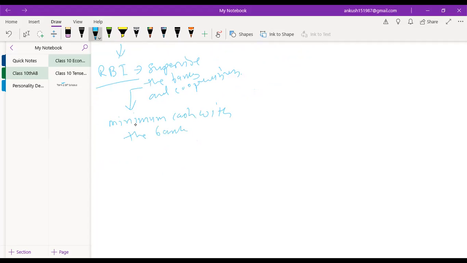We saw in an earlier session that the bank keeps some portion of the deposited money with it, and that is the reason the RBI checks whether banks are maintaining proper cash. Why?